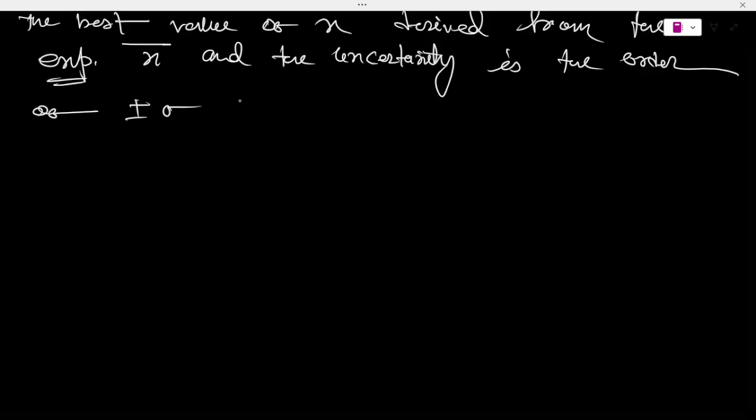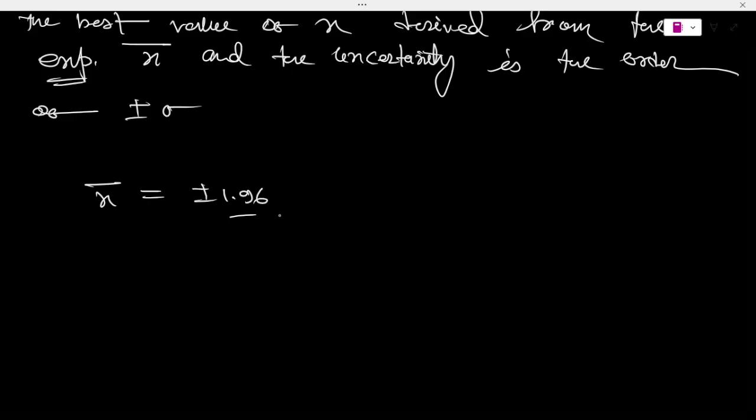So in fact x bar represents plus or minus 1.96 sigma. And the confidence interval is taken where the value of sigma is 1.96. So it is quite often taken as the interval in which the true value lies.